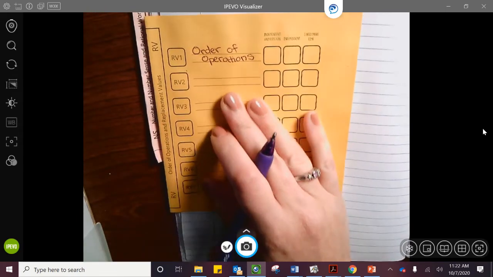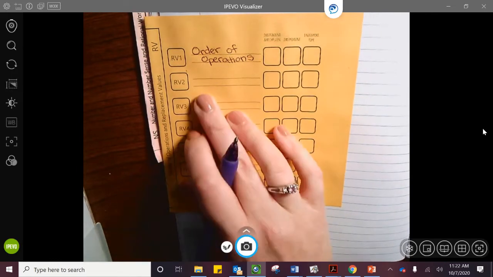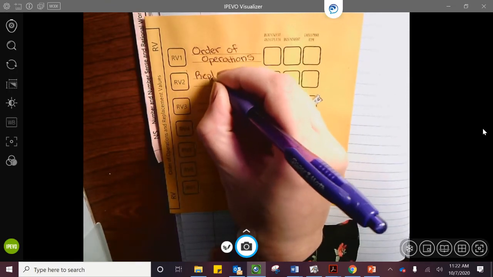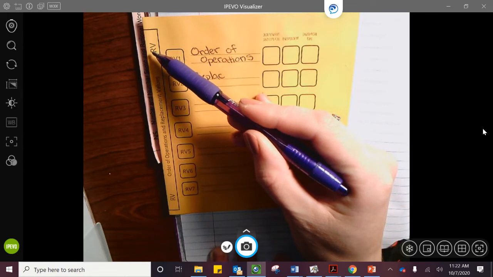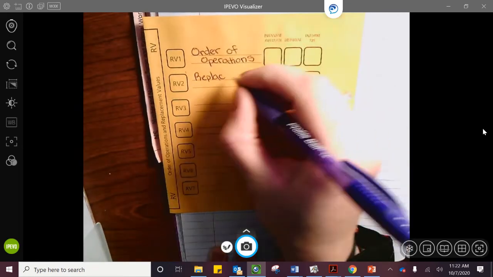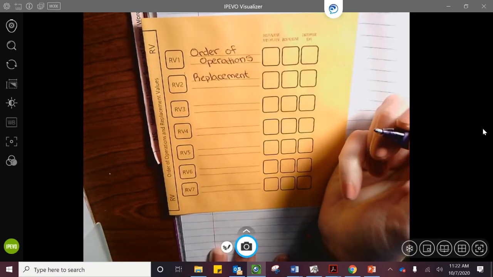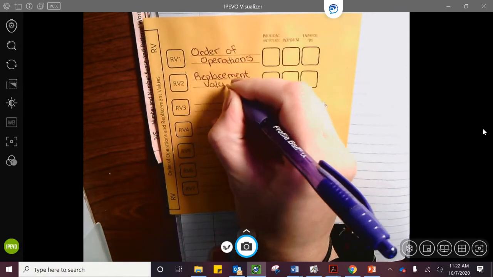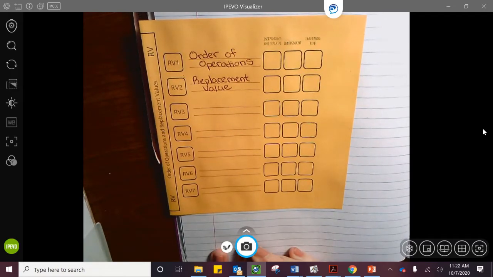I'm going to go ahead and have you put the other topics in here now so we don't have to worry about this later. Our second topic will be replacement value, which is what the R and the V actually stand for on our divider tab here. RV stands for replacement value. But we have to review order of operations first to make sure that when we do plug in values for our replacement value, we are following the correct order of operations.